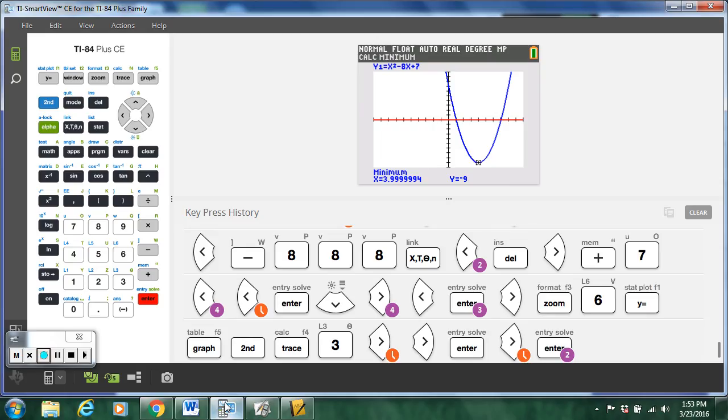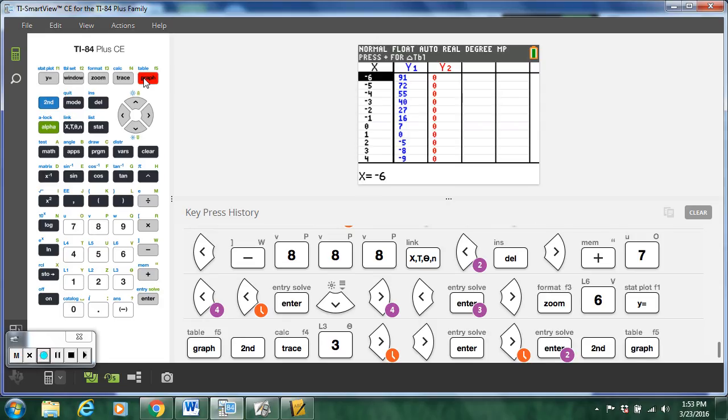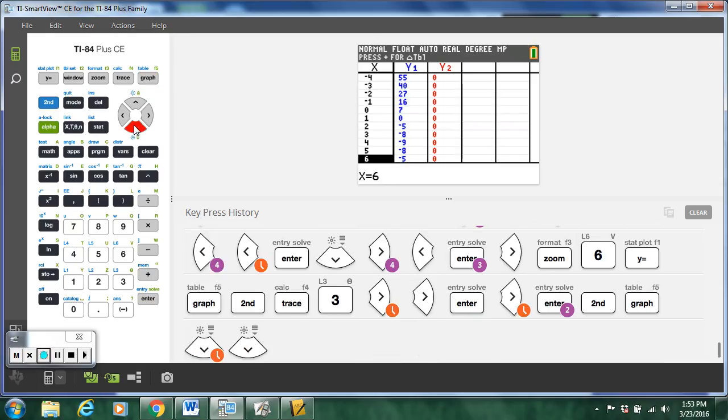Second and graph. Okay? So we go second graph. And we're going to find our vertex. So our vertex is right here, 4, -9. So I'm going to go down so I can see some points below it, and I'm going to see some points above it. So right here's our vertex, 4, -9. So I'm going to write down the 2 points here, and I'm going to write down the 2 points here.